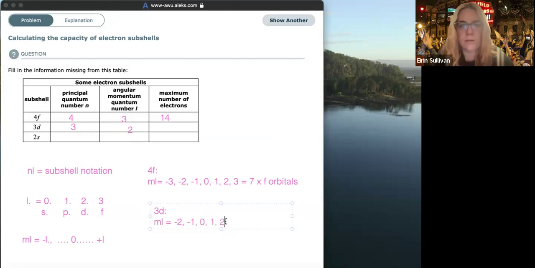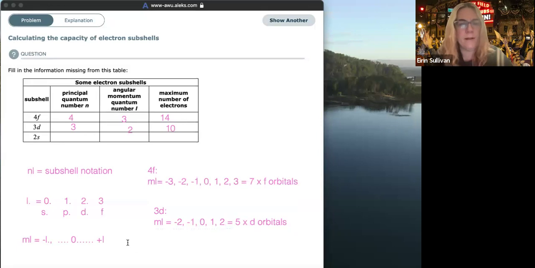So there's 1, 2, 3, 4, 5 d orbitals. That's the same if it's 3d, 4d, 5d, there will always be 5 degenerate d orbitals. So 5 orbitals, each of them can hold 2 electrons. That means there's a total of 10 electrons in the 3d subshell.